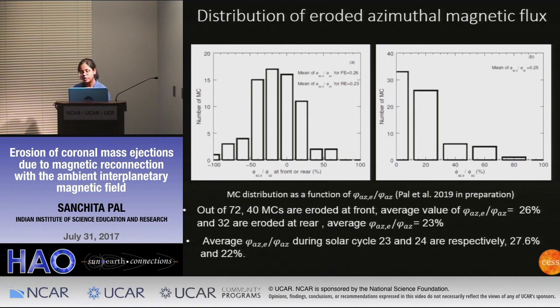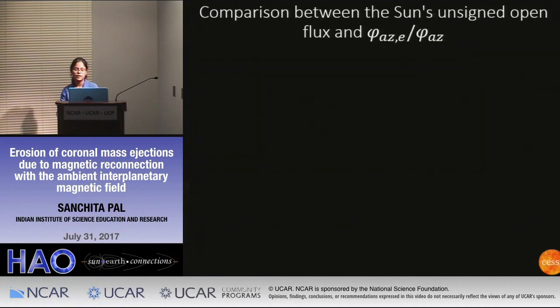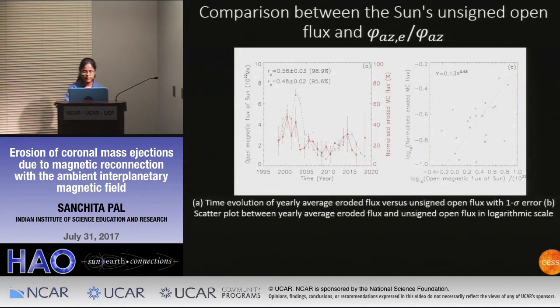Now we will introduce the effect of the sun's open flux on the eroded flux. I'll explain it. The first plot shows, with the dotted black lines, the open flux average value in each year, and the red line shows the magnetic clouds' eroded flux average in each year.